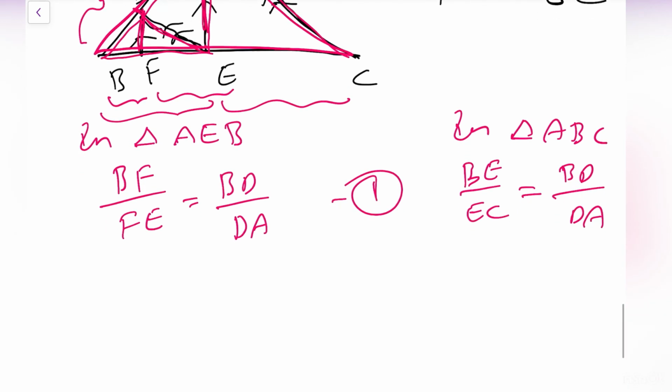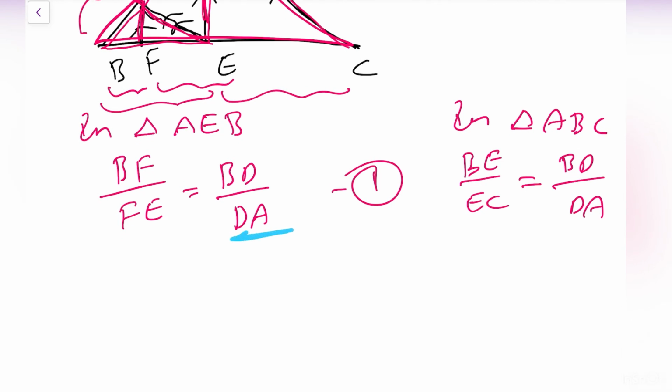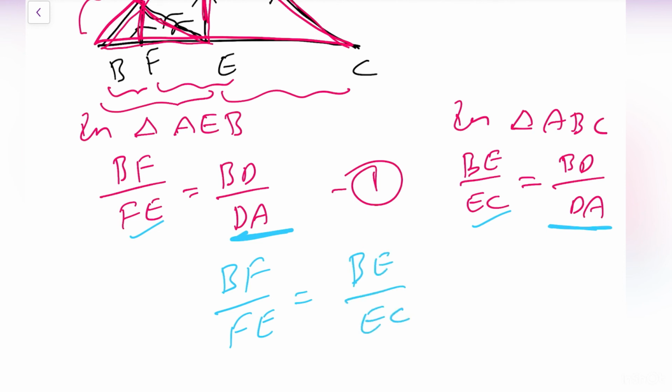From these two equations, if we observe, here BD by DA is there, here also BD by DA is there, so it means these two are equal to each other. That is, BF by FE equals BE by EC, hence proved.